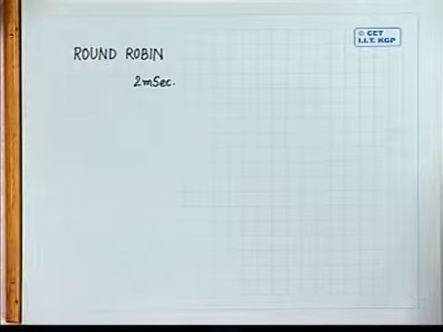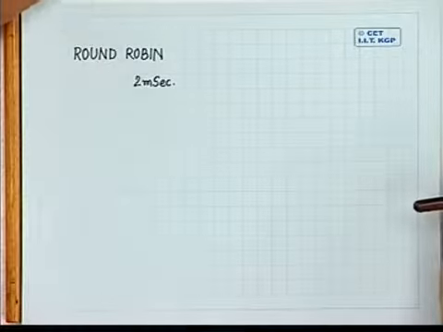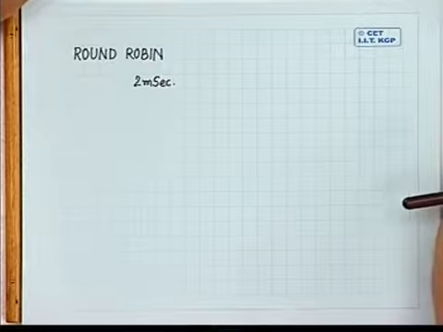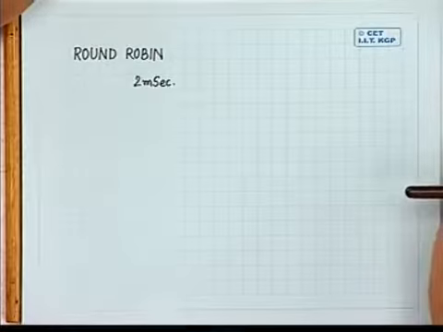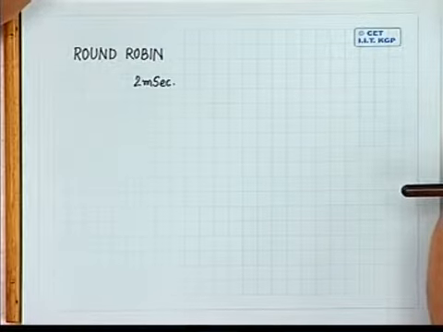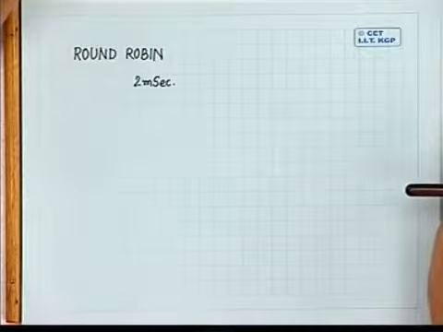So whenever a job is allocated to the CPU for execution, it will be executed for a maximum of 2 milliseconds. If the CPU burst time required for the job is more than 2 milliseconds, after 2 milliseconds the job will be forcibly terminated. It will be pushed back into the ready queue, and a new job from the ready queue will be allocated to the CPU for execution.